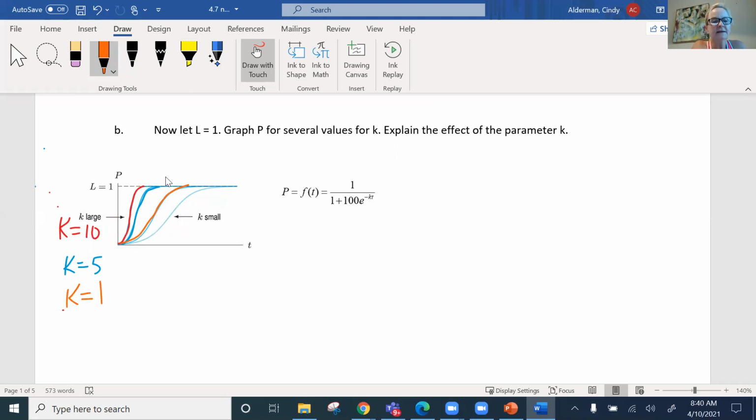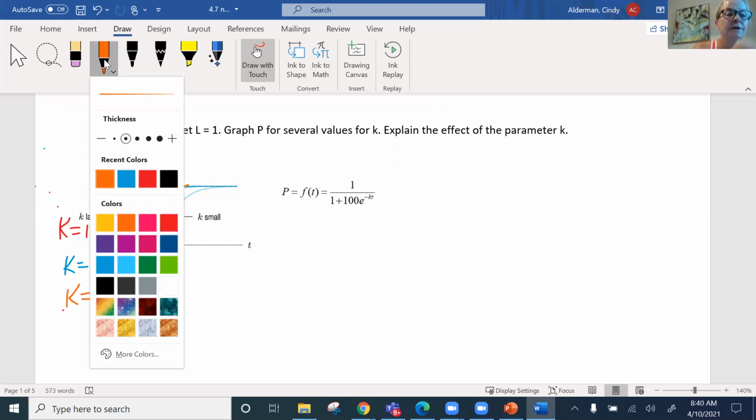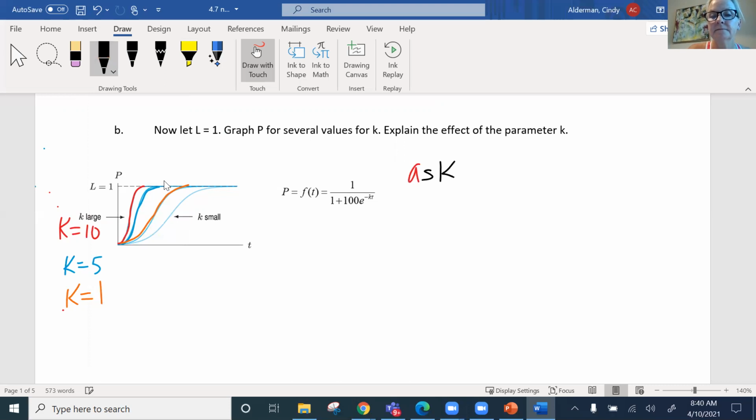So what we can say is, as k gets bigger, or you can word it as k gets smaller, but as the k parameter gets bigger, the curve is going to approach the horizontal asymptote sooner.